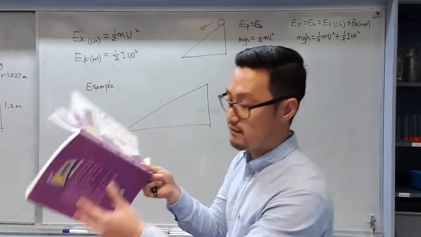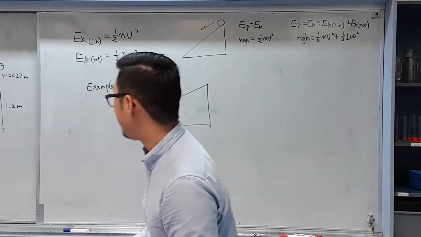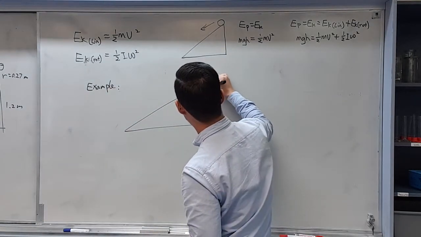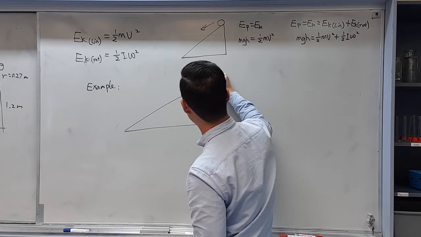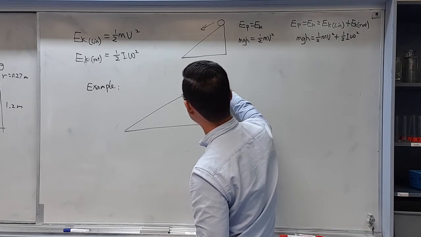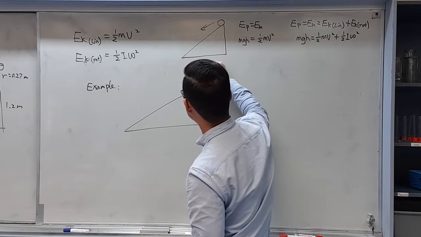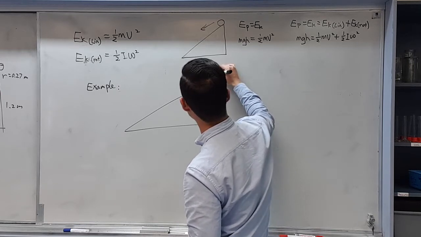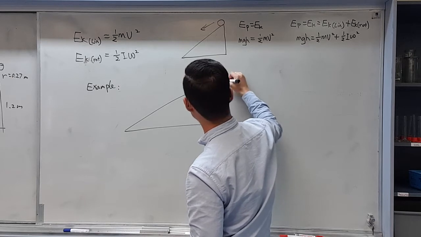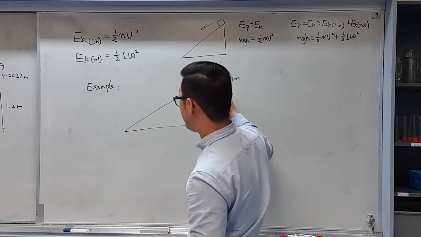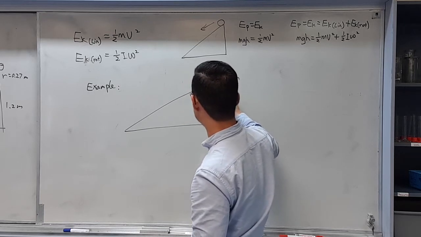I'm using the same numbers, but I'm just going to ask you one question. This ball is a hollow ring, so the mass is on the outside. The mass is 0.7 kg, the radius is 0.27 meter, and the height is 1.2 meter.